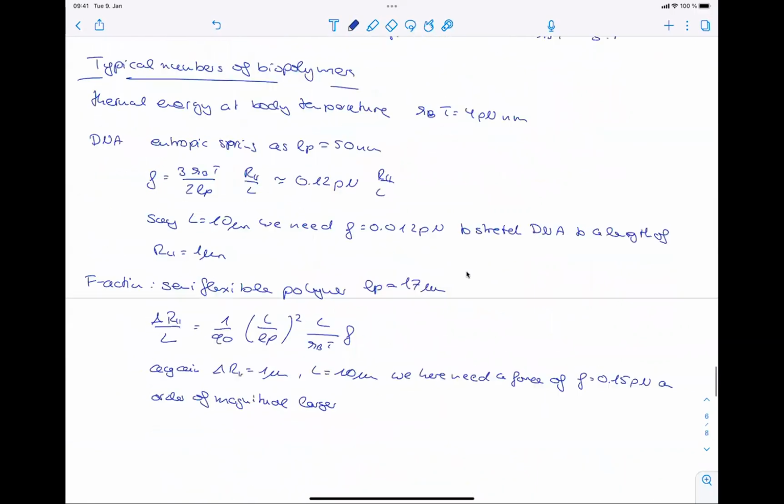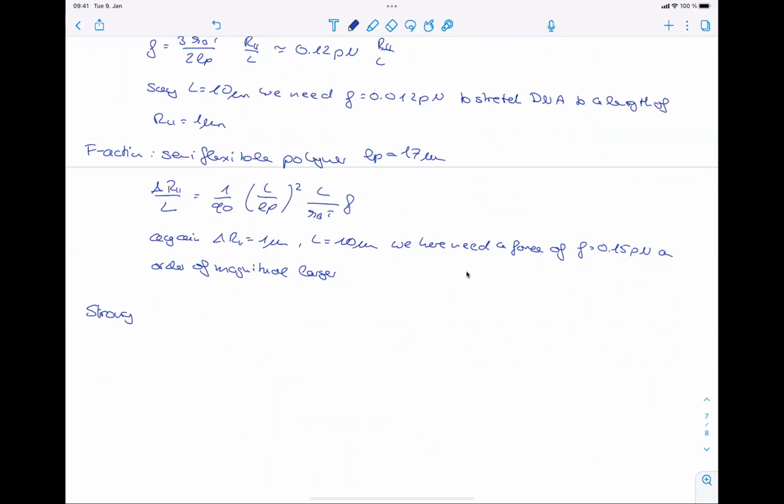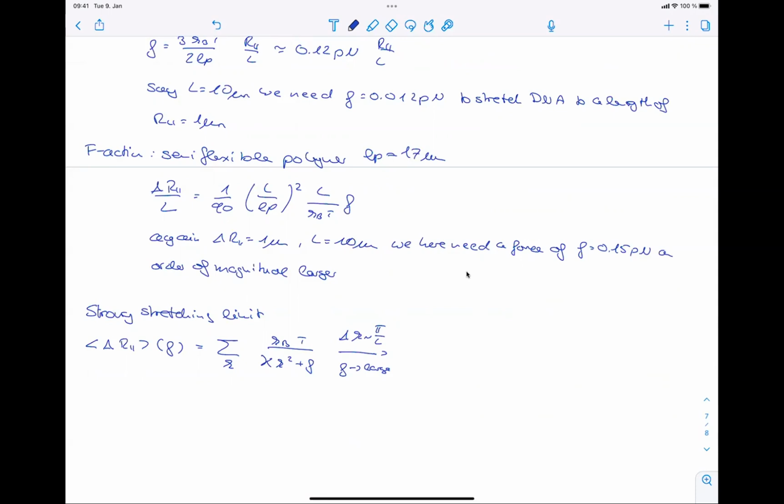So if we have large forces, in the strong stretching limit, and I'm now just looking at the change, so I'm omitting this L. Our formula was we're summing over the k's, that was kBT over kappa k squared plus F. Now, to explore the limit of F large, I note that the modes that I'm expanding on were n pi over L. So the distance between individual modes is just n over L. And so for F large I can take this to a continuum limit.